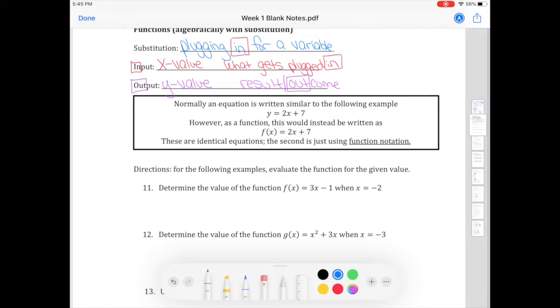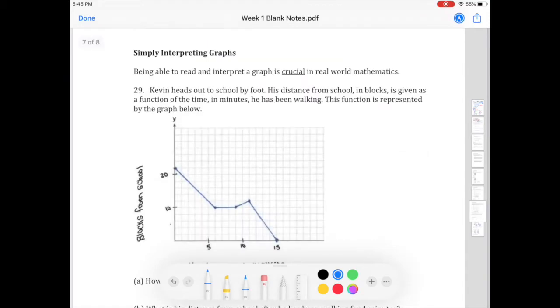Now going back to your Algebra 1 days, if you look in this box, it says normally an equation is written similar to the following example, which is y equals 2x plus 7. However, as a function, this would be instead written as f of x equals 2x plus 7. So notice the 2x plus 7 and the 2x plus 7 stay the same. The only thing that changed is that y equals has now become f of x equals.